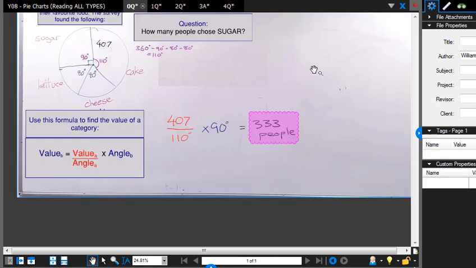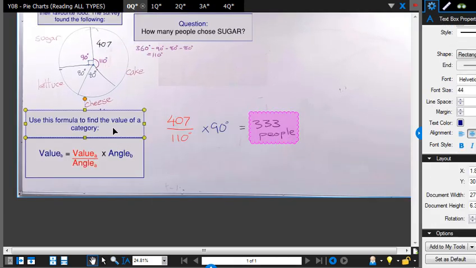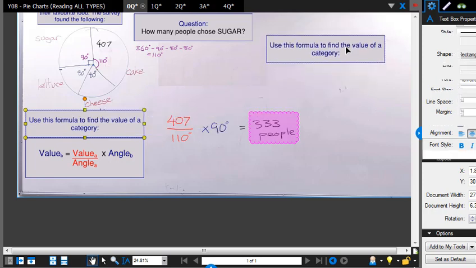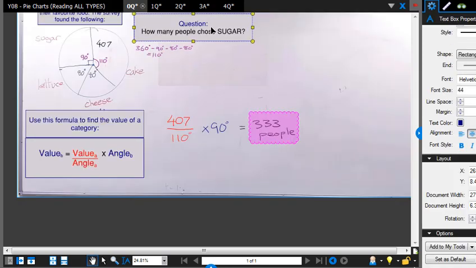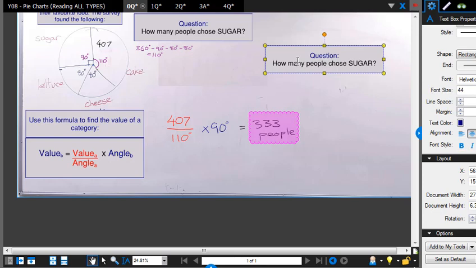If they asked you to find the total, I'll actually do it with this one. Here's another question: find the total number of people surveyed.